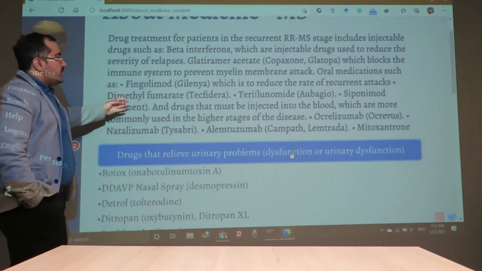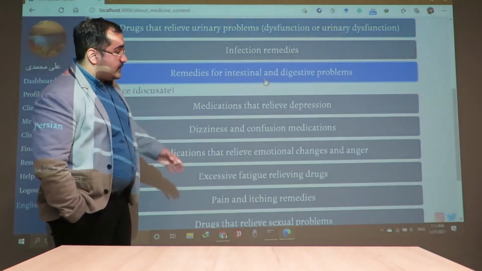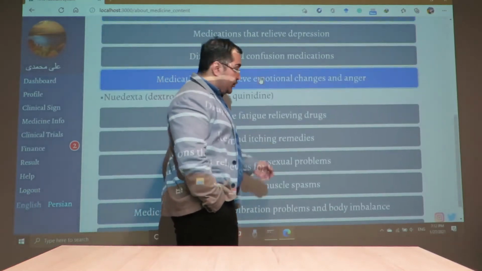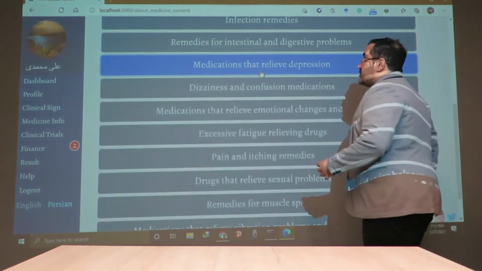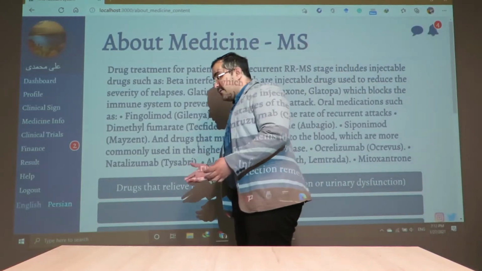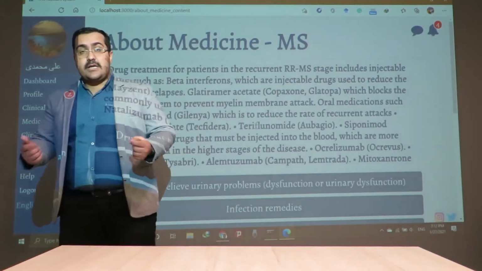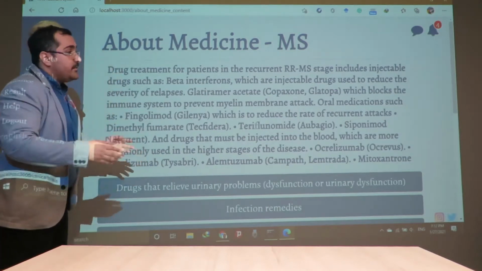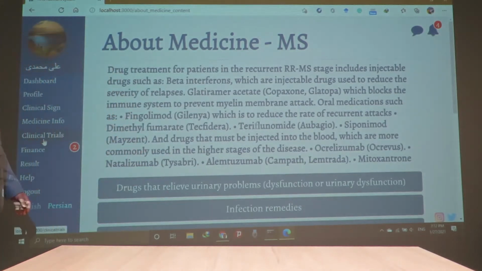You can choose different types. You can see different types of drugs that we introduce, to know how you must consume these drugs, what the side effects are, what the situation with pregnancy is, and different information about the drugs.